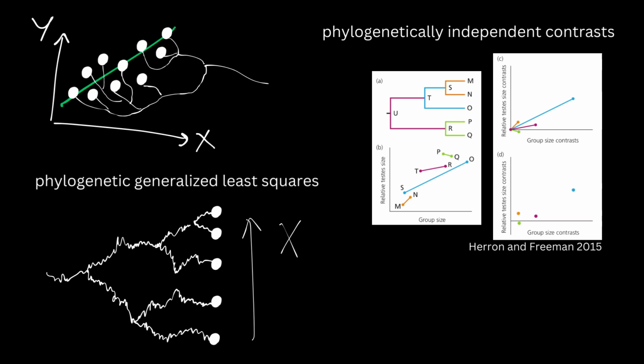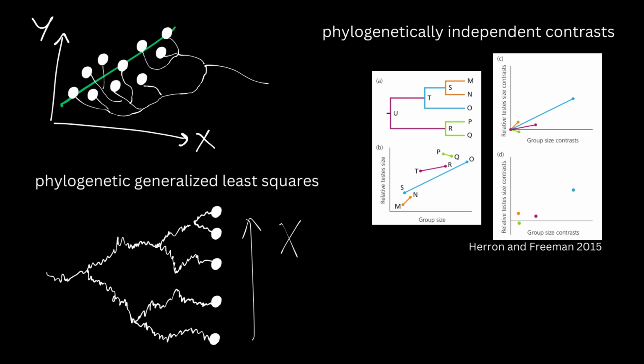And another method is called phylogenetic generalized least squares. So it's like an improvement on some statistical methods for linear regression that basically says, well, you have to assume that the different species that you're studying, along some axis, so x or y, or one of these two variables, have evolved along the branches of this phylogeny.